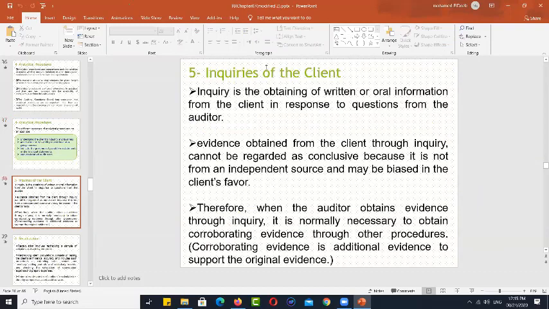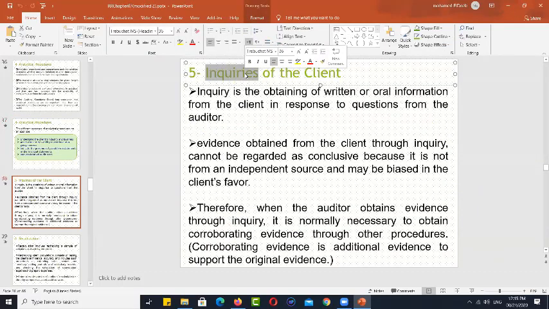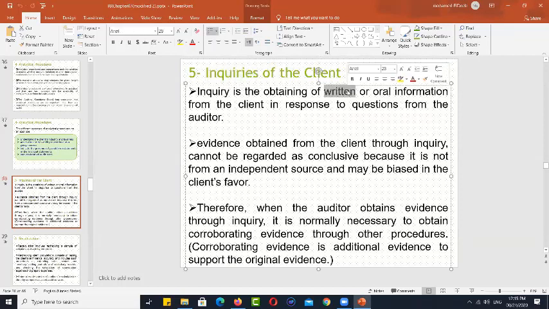Number 5 is inquiries of a client. What do you mean by inquiry of a client? We are obtaining written or oral information from the client in response to questions from the auditor.